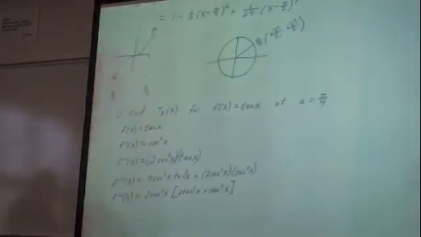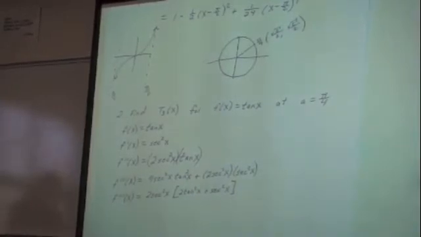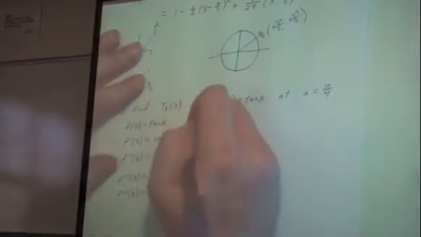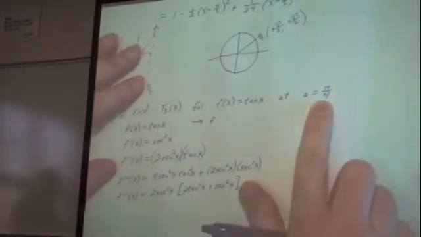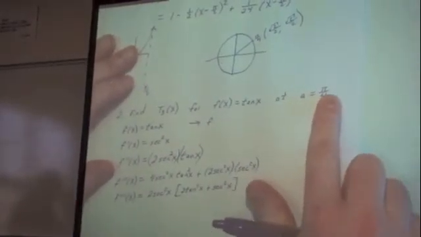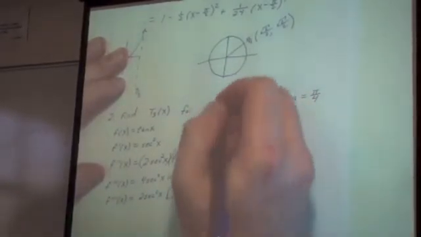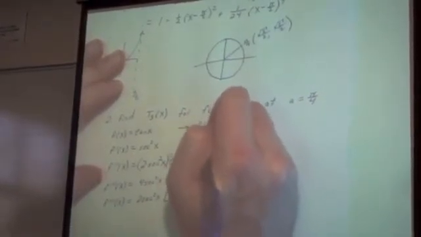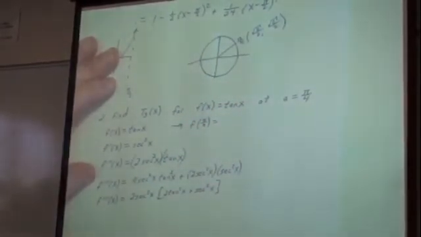So I know that the tangent of pi over 4 is 1. Remember, I have to evaluate every single one of these at your value of a, which is pi over 4 in this case. So f of pi over 4 gives me the tangent of pi over 4, that's 1.